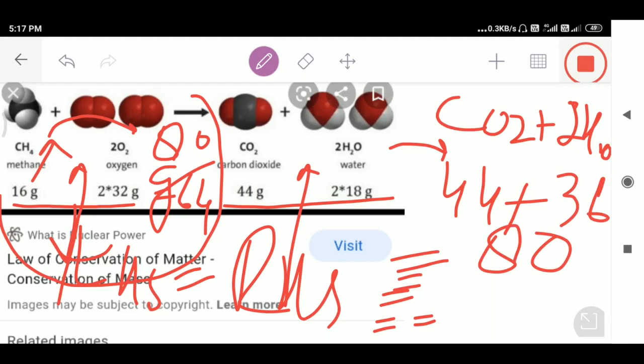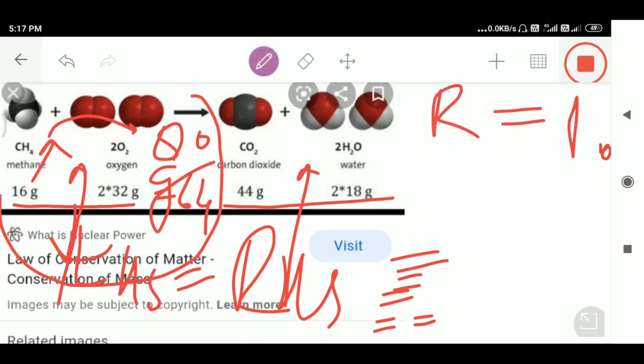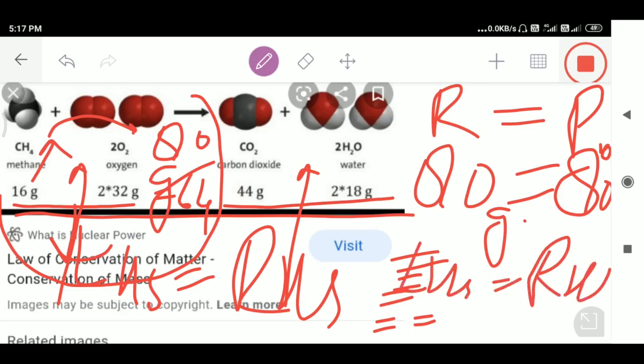So the mass of the reactants is equal to the products, 80 grams equal to 80 grams. So this reaction follows the law of conservation of mass. That is, the mass of the reactants is equal to the mass of the products. LHS equals RHS, and this is the validity of the law of conservation of mass.